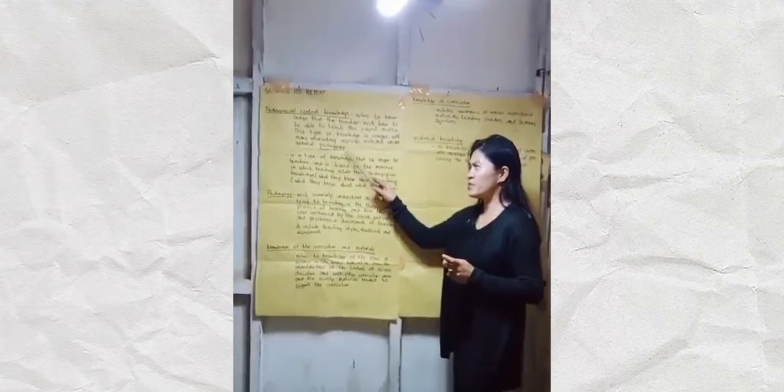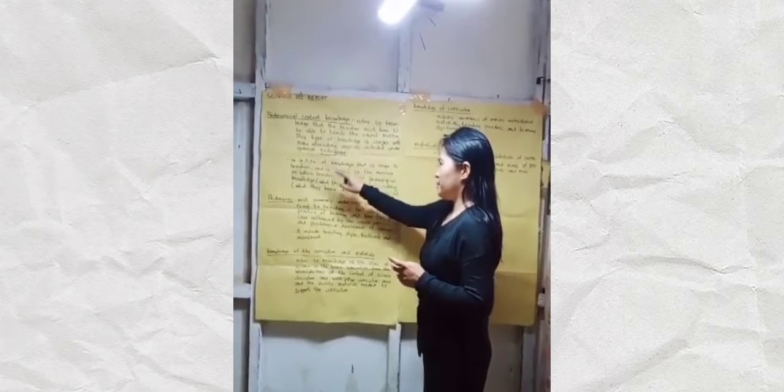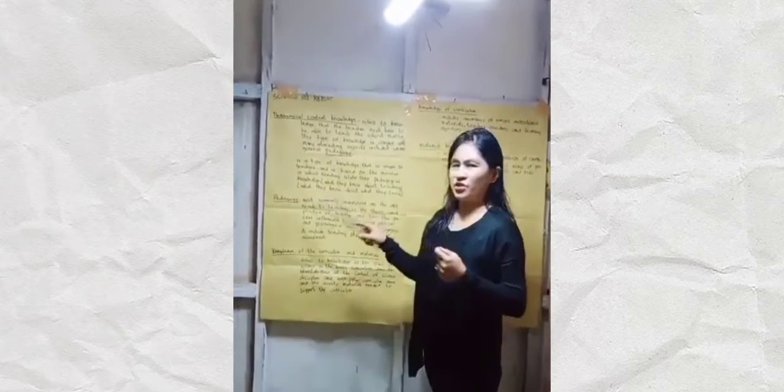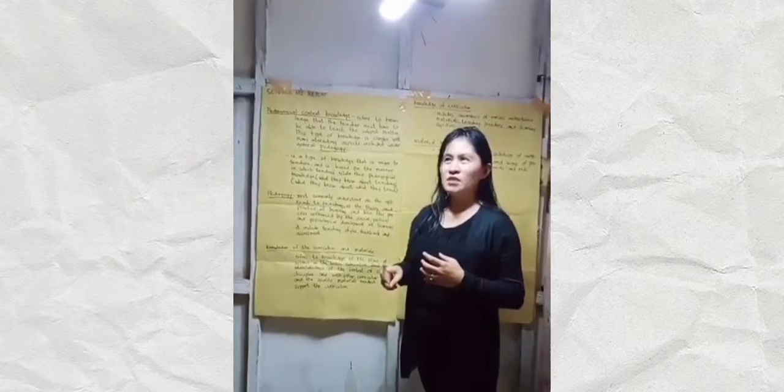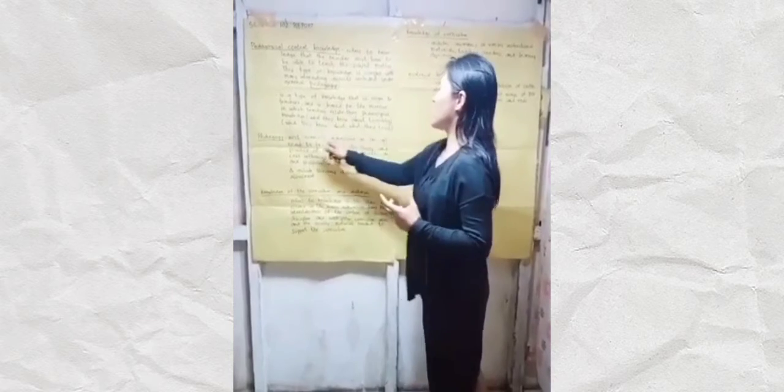So, pedagogical content knowledge is a type of knowledge that is unique to teachers. So, unique, it means different. It is based on the manner in which teachers relate their pedagogical knowledge.